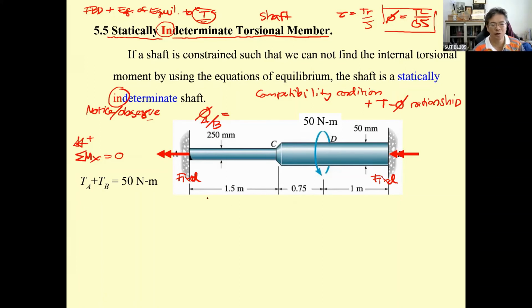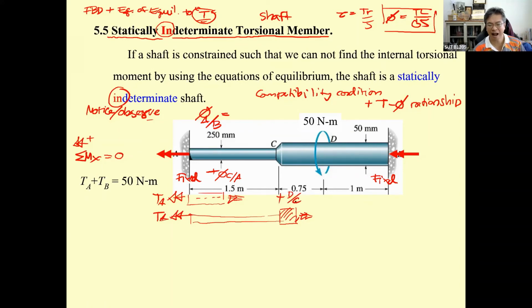But you may see this portion AC that is subjected to the torsion T sub A is going to have this torsion, and also if you draw this portion, there is also the same torsion T sub A. That is what you're going to have, this positive phi C slash A, and for this portion, this is positive phi D slash C.